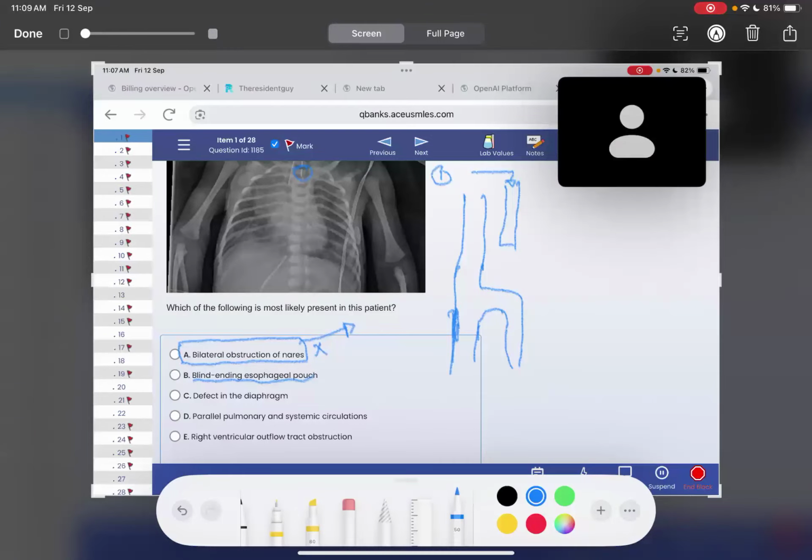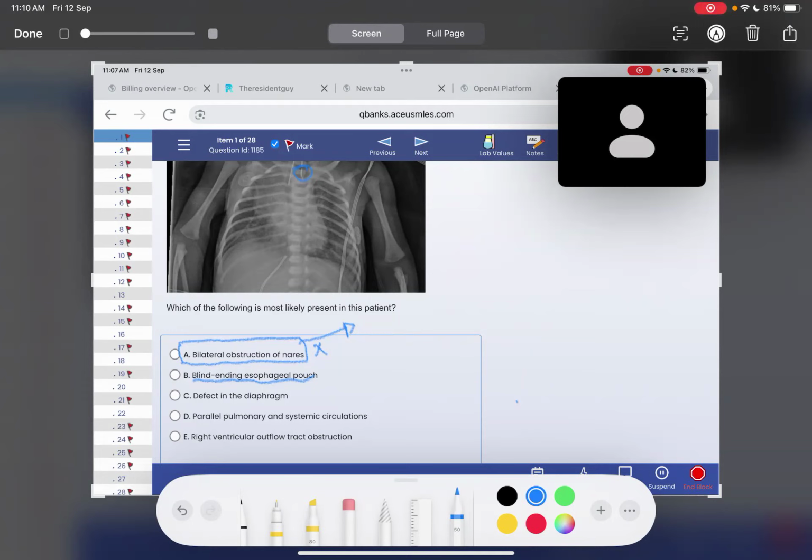Number two, air passes into the trachea, enters the esophagus through the fistula, and goes to the stomach, so there will be a gas bubble present in the stomach. Third, stomach content enters the esophagus and trachea and causes aspiration pneumonia. These are the high-yield points for esophageal atresia with distal tracheoesophageal fistula.